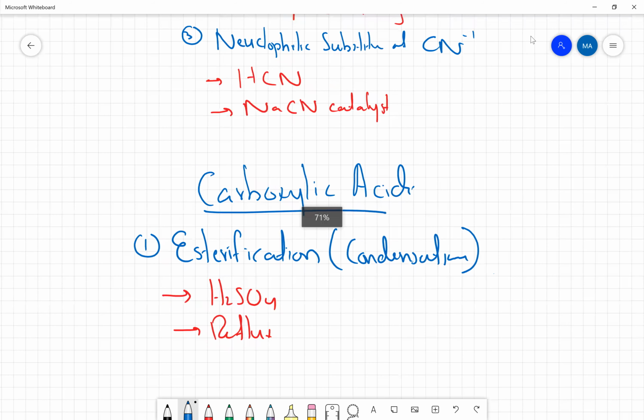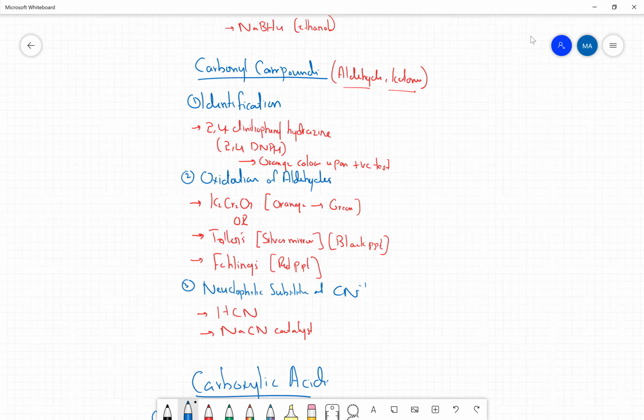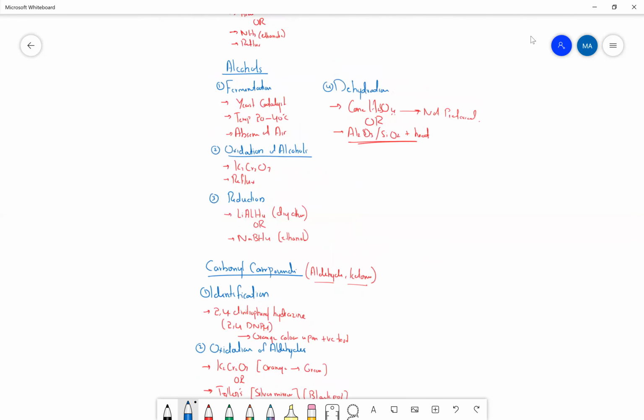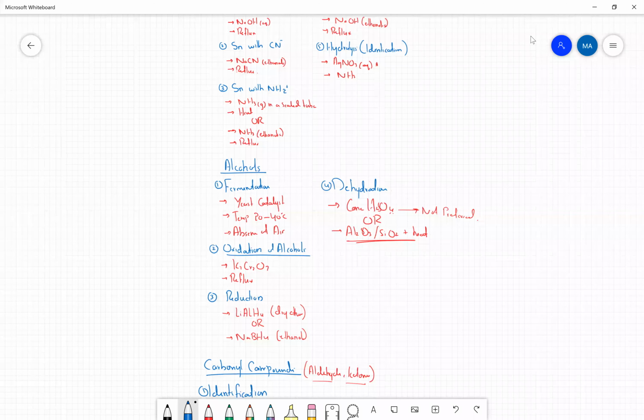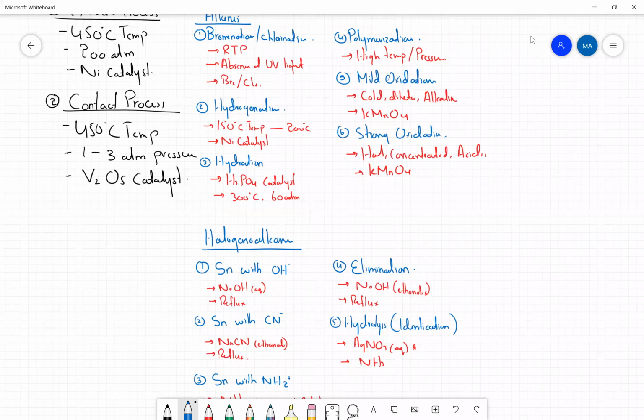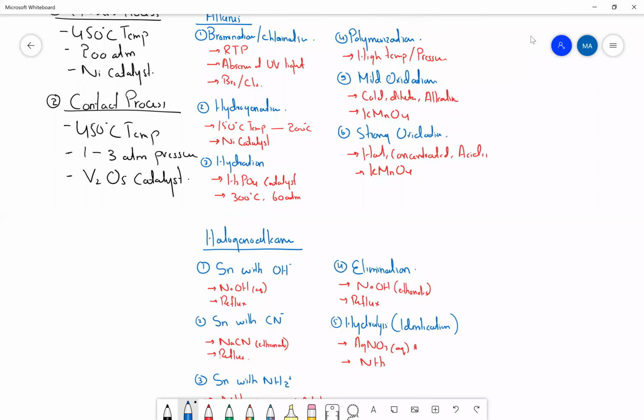So these are all the reaction conditions. Because the last topic is organic analysis and there is no reaction in that. So the purpose of making you write all of these was to have a recap of the entire organic chemistry and the reaction mechanisms that we've studied, and you should know the reaction conditions.